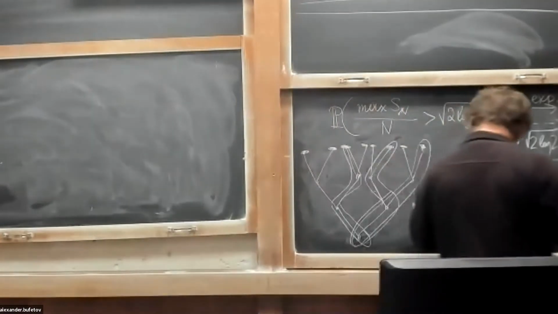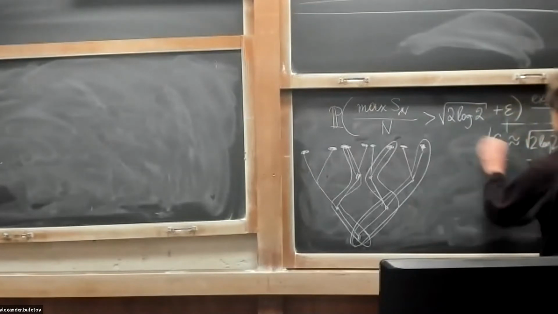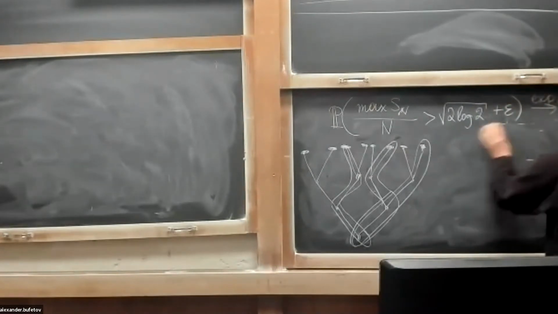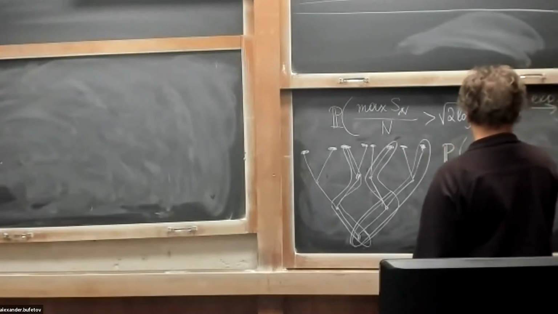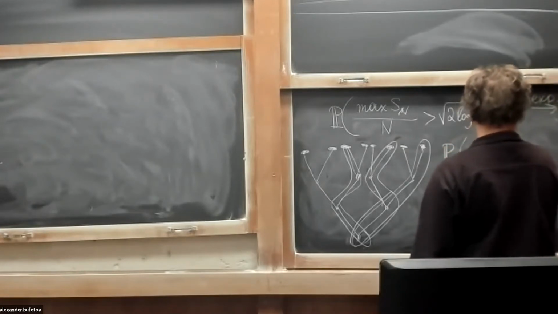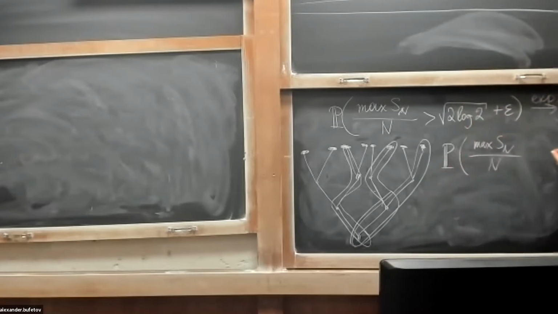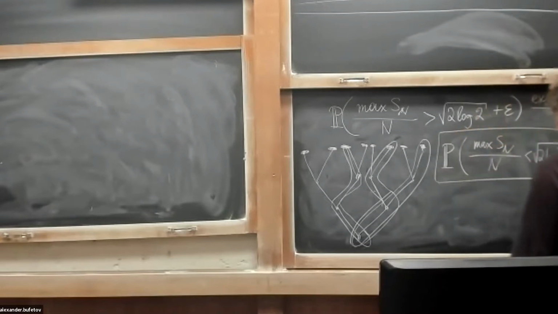The interesting point is that the probability of max Sn over n being less than this minus epsilon also goes to 0.